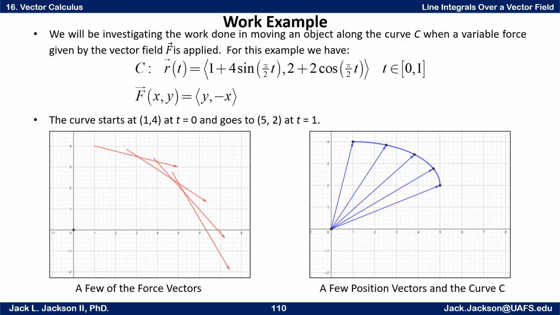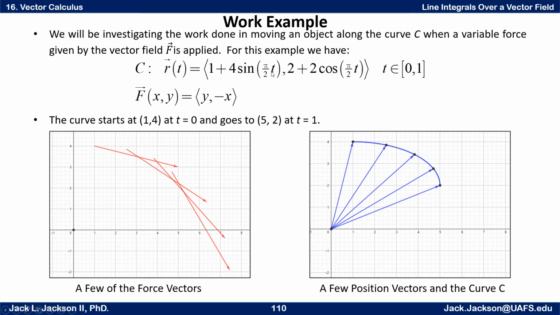And so that force field gives us this vector field, which we've got a few vectors from graphed. The curve then is given by the position function r of t is 1 plus 4 sine of pi over 2 t, comma, 2 plus 2 cosine of pi over 2 t, and we're going to let t go from 0 to 1. Here you see several position vectors. Remember, position vectors start at the origin, they end at the point x, y, and they're given as functions of, say, time t.